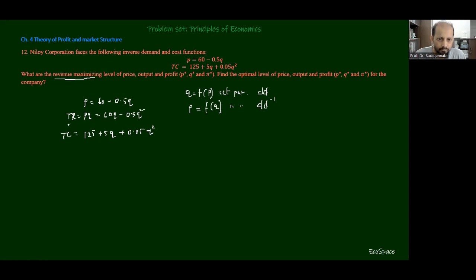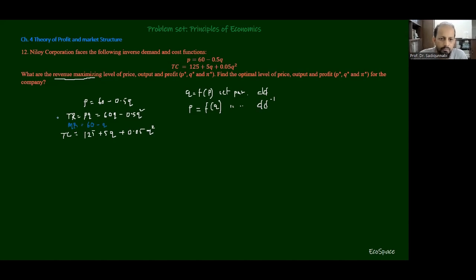And from this, we can find MR equals 60 minus Q. Why?